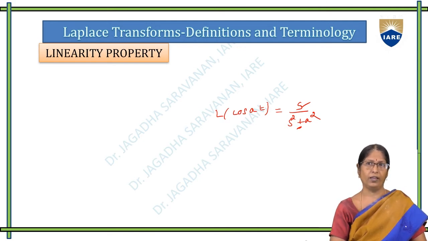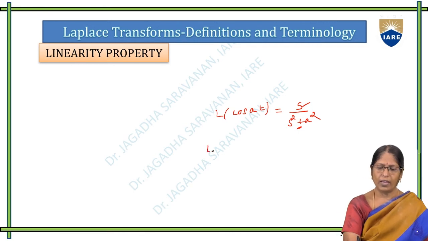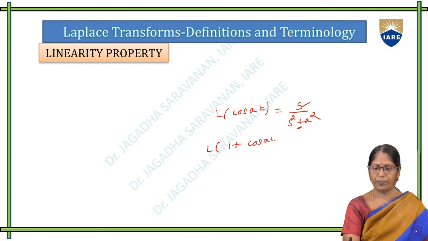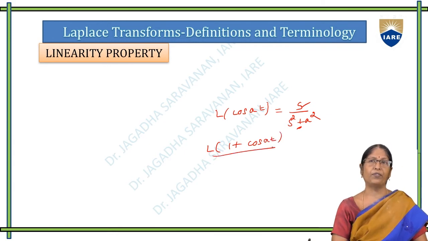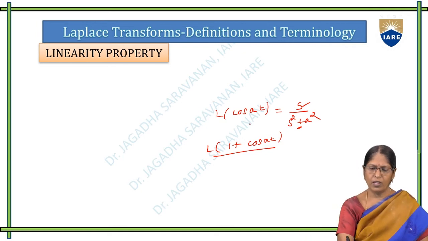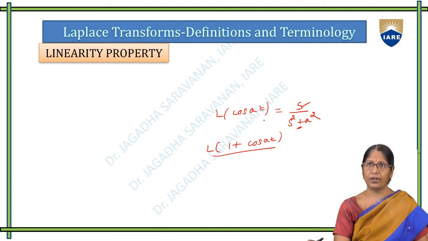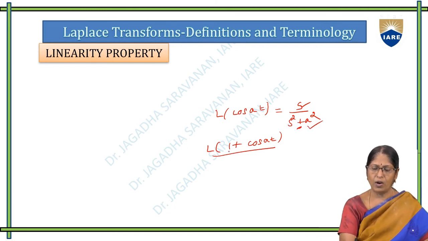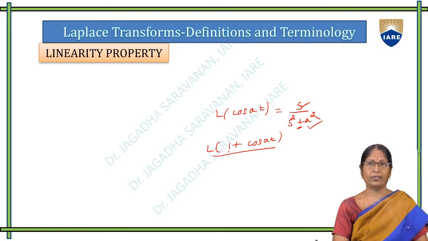Now, in case L of 1 plus cos at is there, this we want to Laplace transform. L of cos at separately, we have the formula. L of 1, 1 by s, that also we discussed.